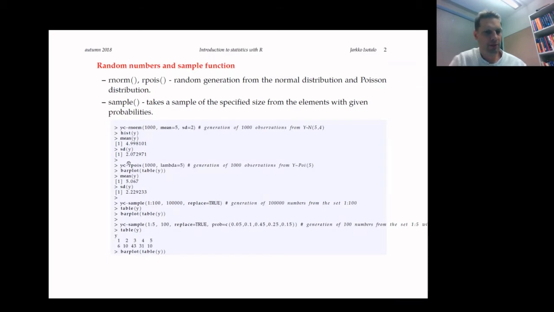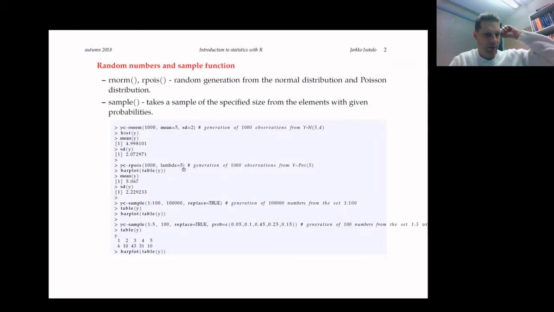And if we calculate the mean and standard deviation in the case of Poisson distribution, we get a sample mean close to 5, which is really the value lambda, and then we can also calculate the variance, that is the standard deviation raised to the power 2, and it should also be quite close to this lambda 5.